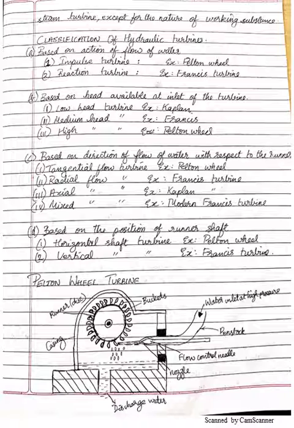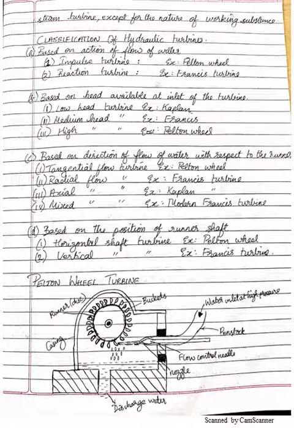Then there are many classifications of hydraulic turbines. This is pretty important, so please make sure you know all the classifications. First, based on action of flow of water, there are impulse turbine and reaction turbine. That is the way in which the water flows inside the turbine.